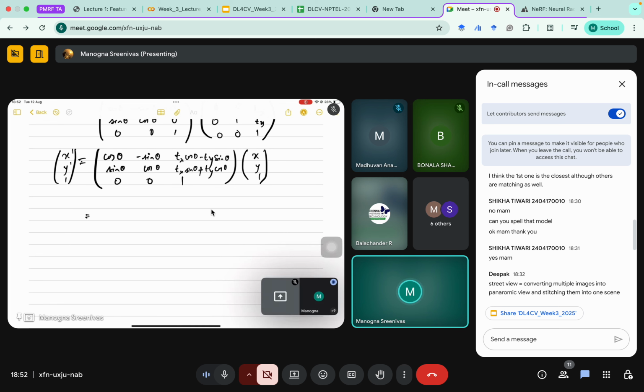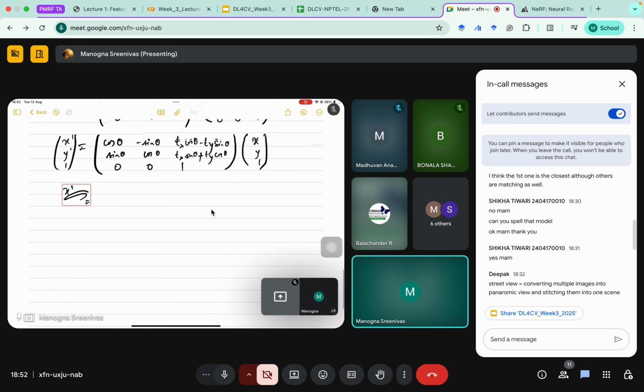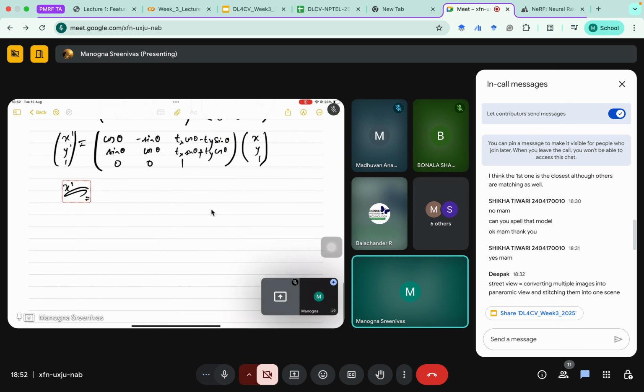The thing is having this third coordinate. By this equation, what I would get is x prime will become equal to x cos theta minus y sin theta plus tx cos theta minus ty sin theta, and y prime will be equal to x sin theta plus y cos theta plus tx sin theta plus ty cos theta.